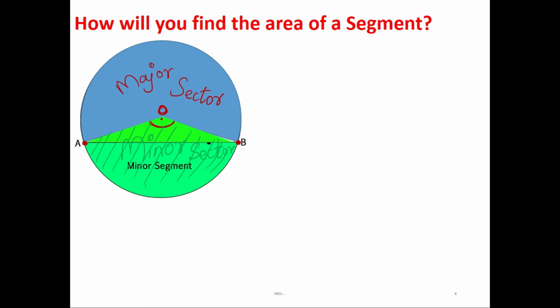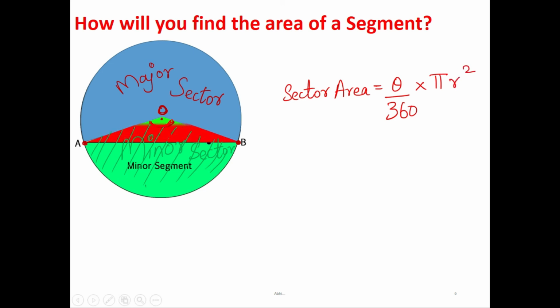So from the figure, we know the area of a sector. Now if this angle is theta, the sector area is equal to theta over 360 times pi r square. From that, you're subtracting the triangle area.